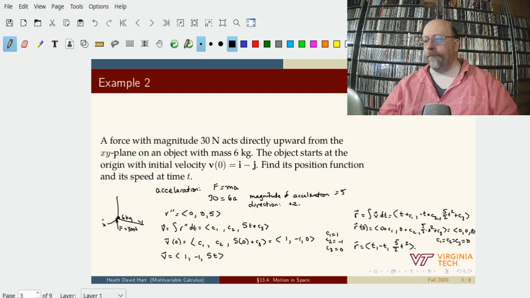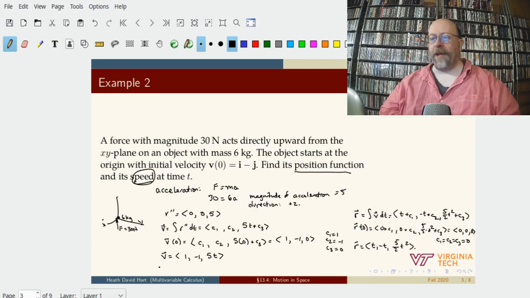Okay? So now we found the position function. The question is also asking for the speed. Speed is the magnitude of the velocity. So that would be the square root of 1 squared plus negative 1 squared plus 5t quantity squared, which is the square root of 2 plus 25t squared.